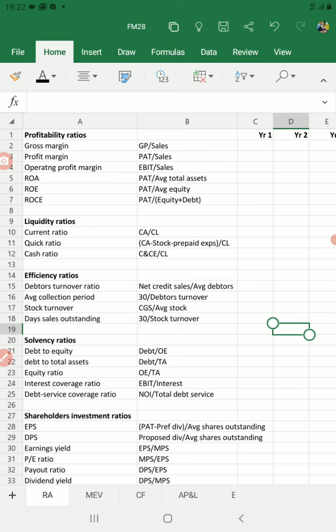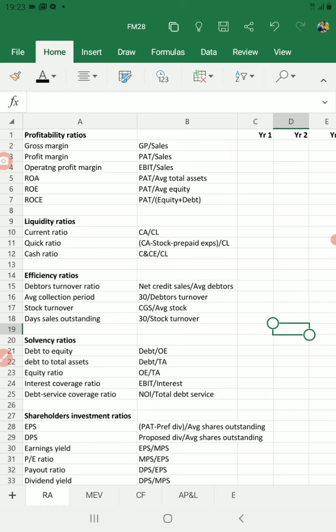Okay, so basically profitability ratios are the ratios that analyze the financial health of the business, and specifically the profitability health of the business, to see if the business is profitable in relation to the resources that have been deployed to run the business.